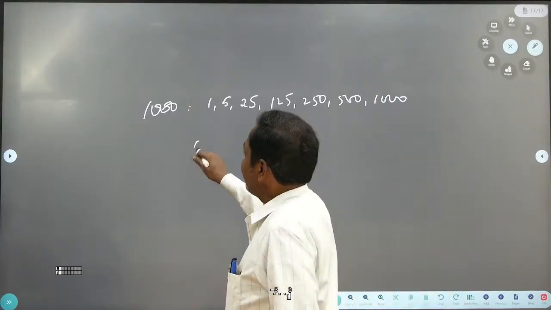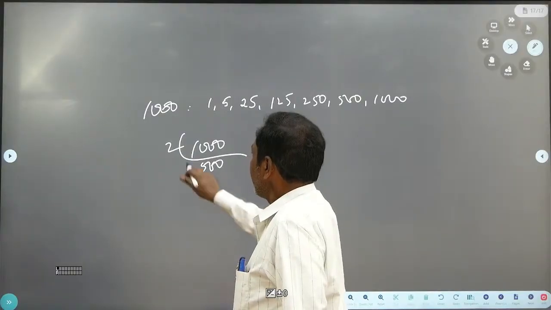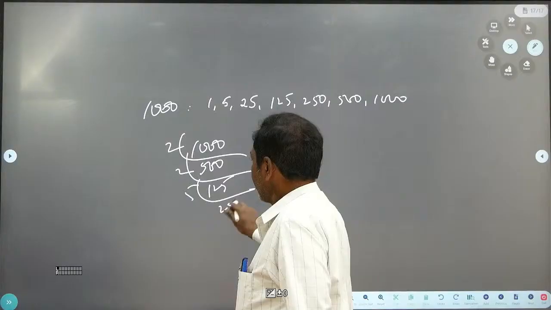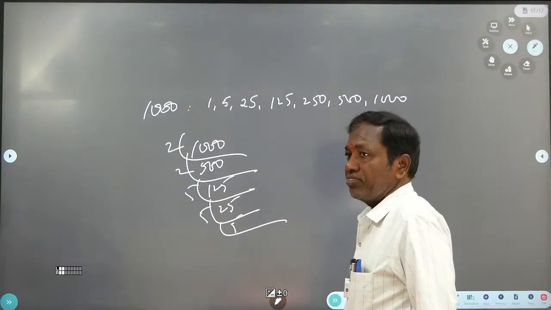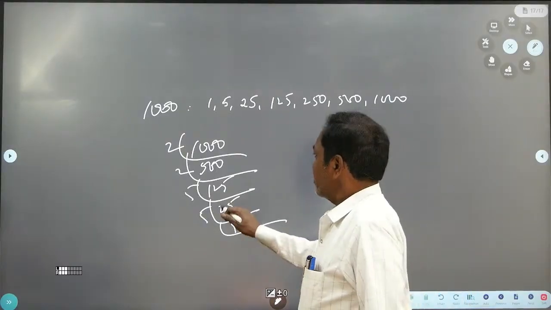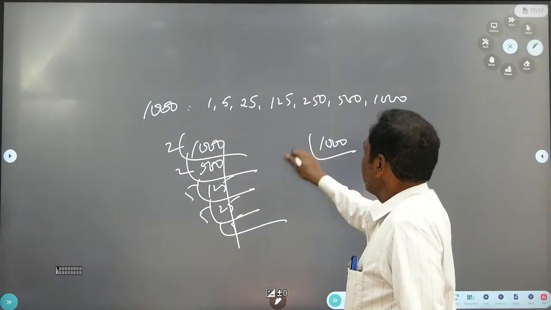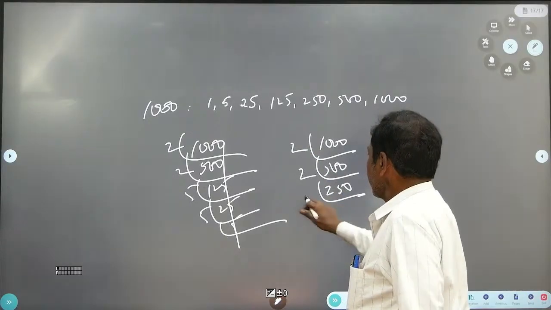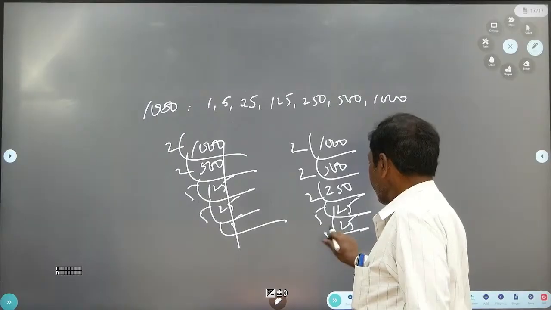If you do it with the LCM, 250 is 2 times 125, then 5, 25, 5.